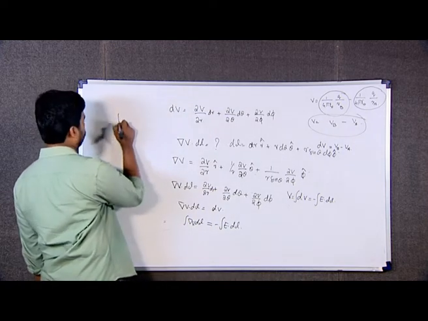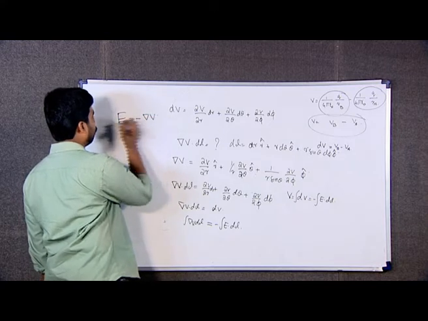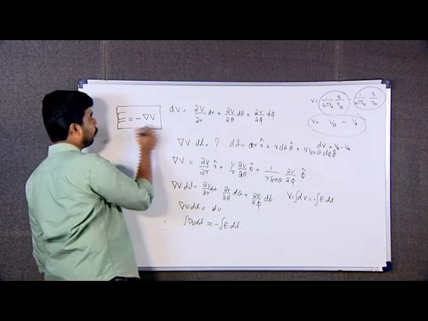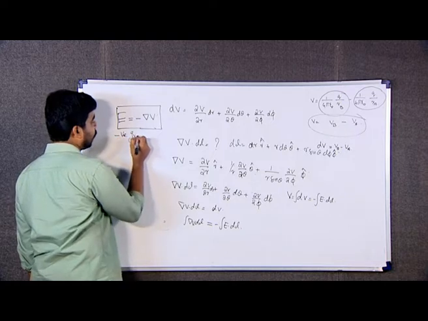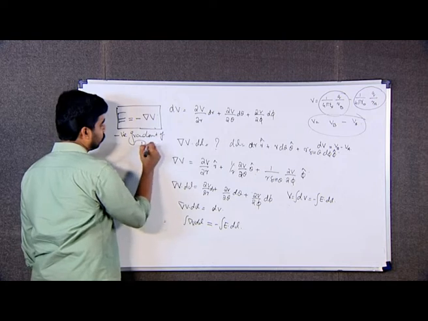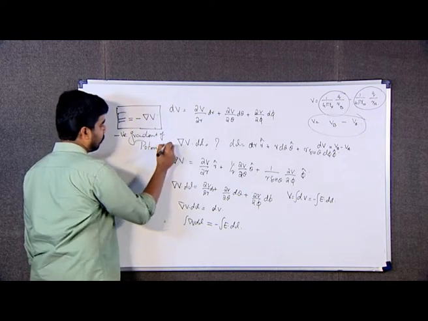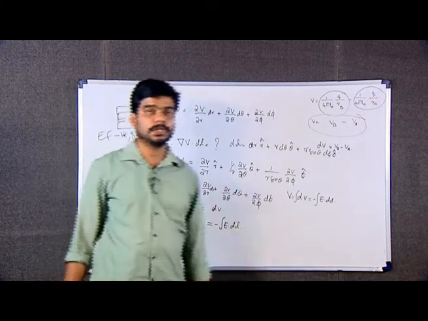So, I can write it as E is equal to minus del V. This is a proof that the electric field is the negative gradient of electric potential. Electric field is the negative gradient of electric potential.